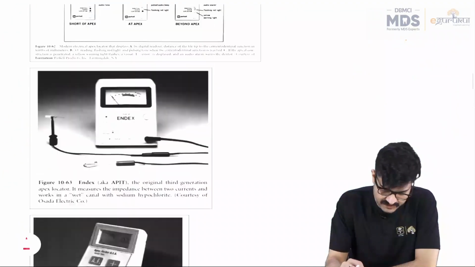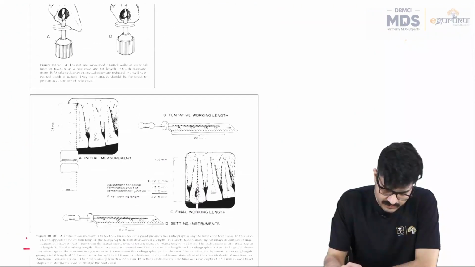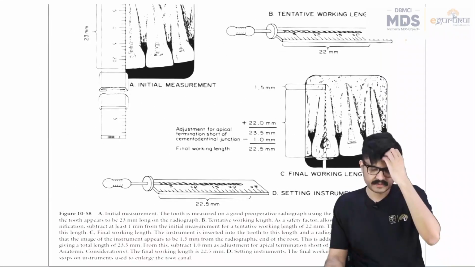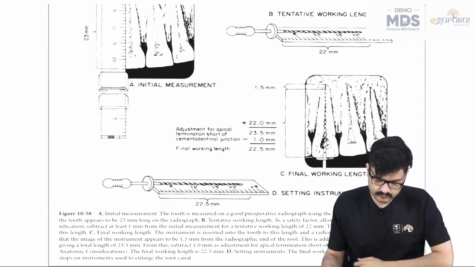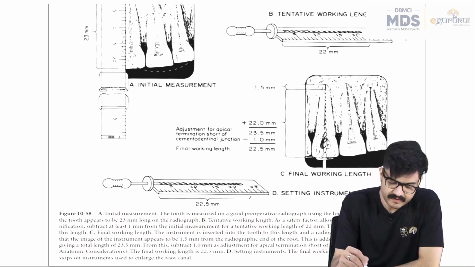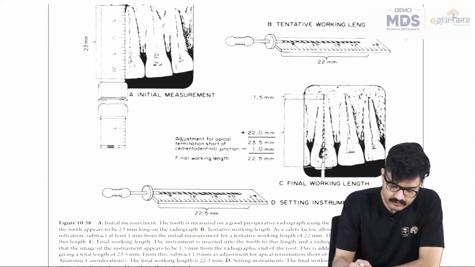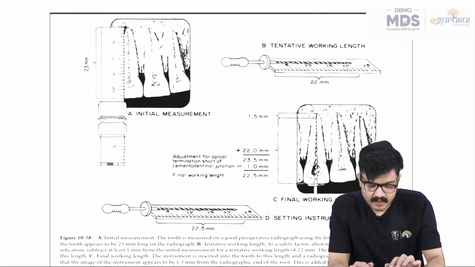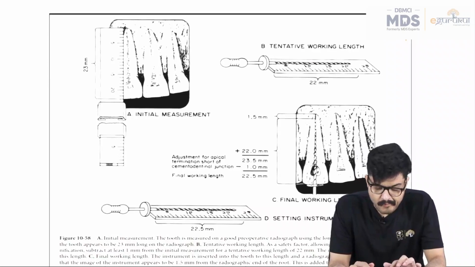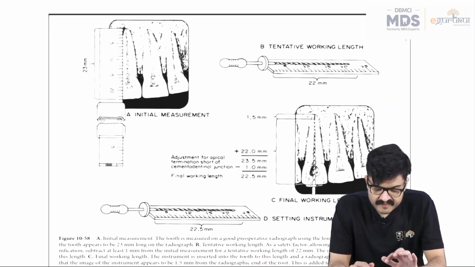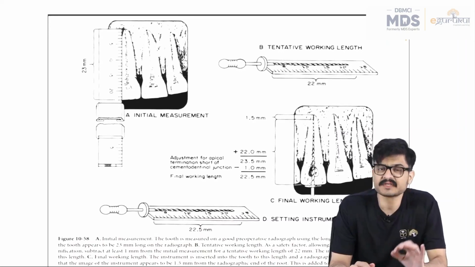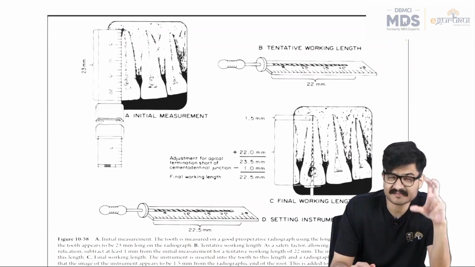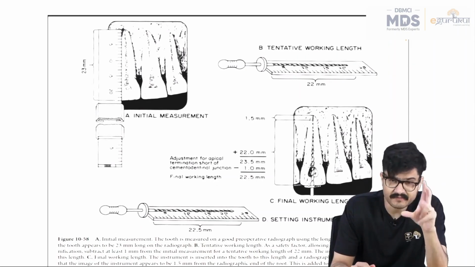So see this original diagram from Ingle, friends. See this. So that's my pre-operative X-ray, right? I have taken that's my pre-operative X-ray. See, and from my incisal reference point to the tip of the radiographic apex, that's the complete length of the tooth.